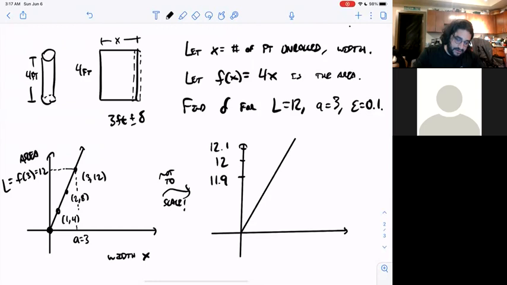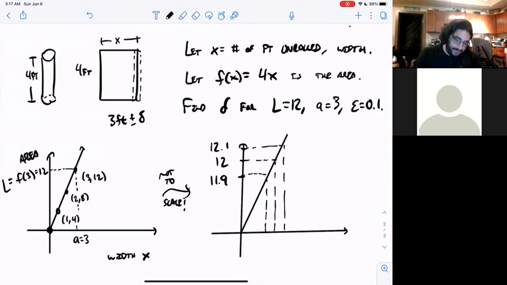Here's the graph of f, which in this case is linear. Here's 3. And so now what I need to do is solve for those two intersection points to get the corresponding x values. Those x values will give me delta.